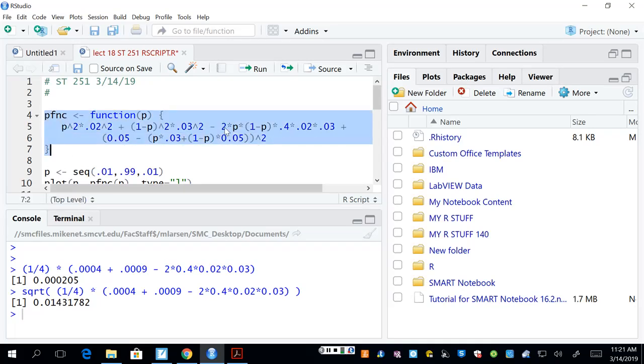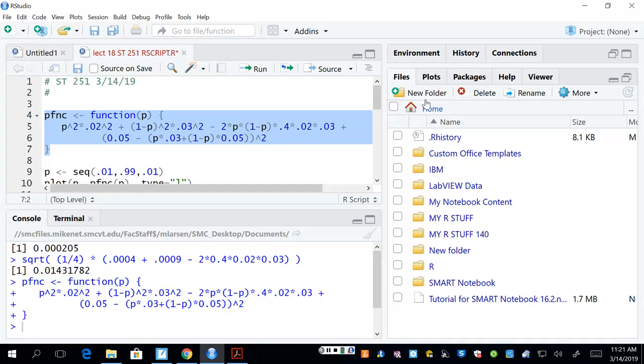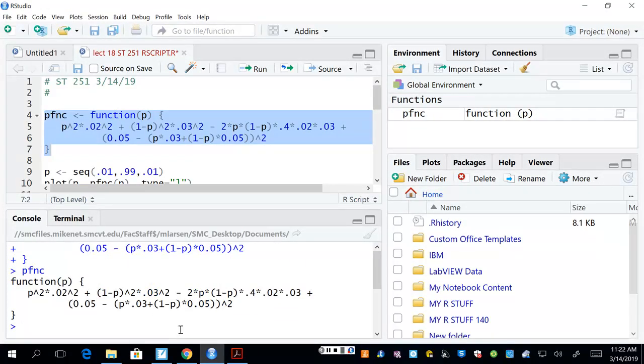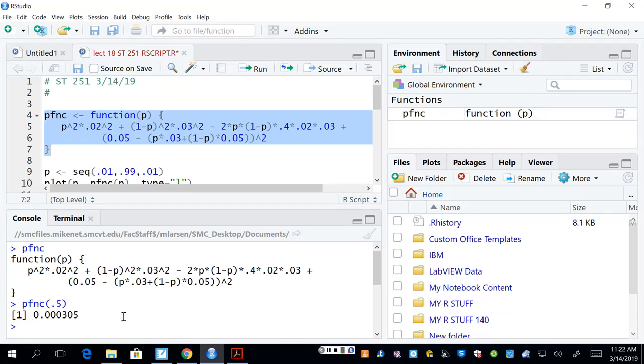When I run that part, I get a new object up here in my environment called the p function. If I put in any value, like 0.5, it will give me a value of that function. This is not a variance because I have that extra bias term, the difference from 0.5 in there, but that's the value when it's 0.5.